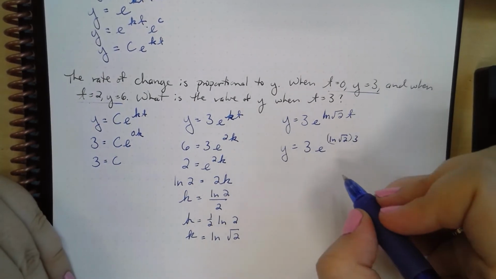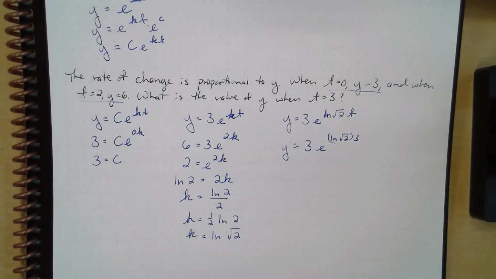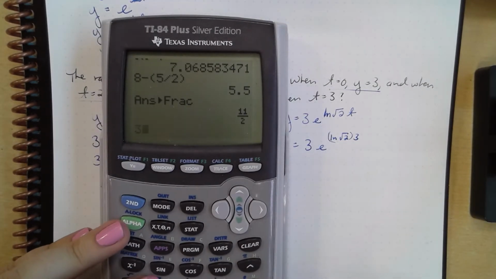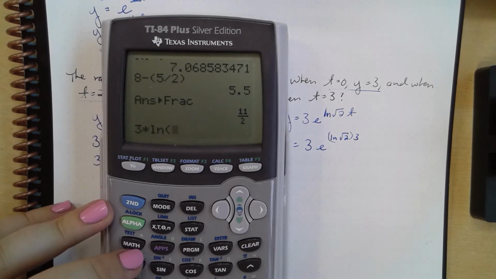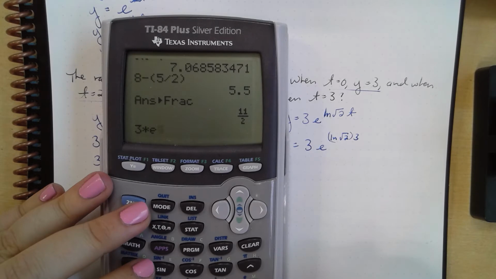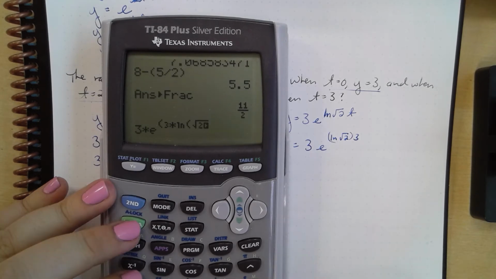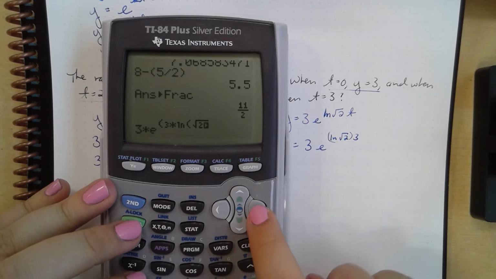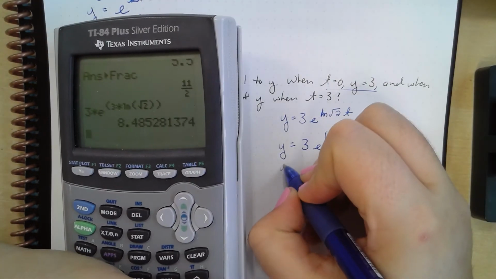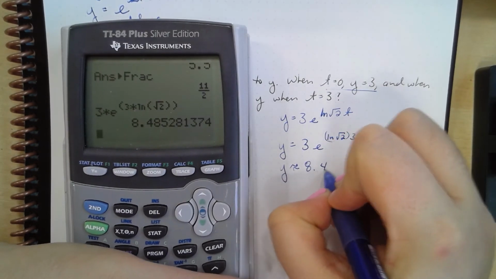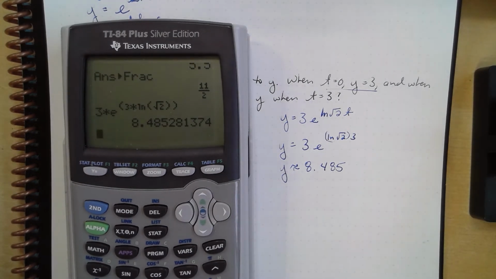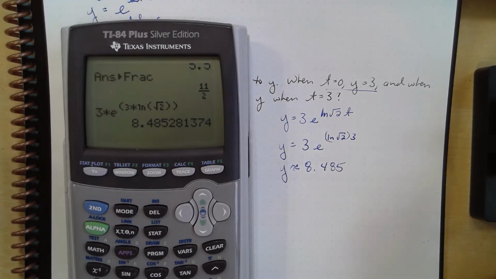Actually I would put this in a calculator because at this point it's too much to calculate. So we're going to have 3 times e to the 3 times the natural log of radical 2. This is quite the equation. And we get y is about 8.485. Notice that I use 3 decimal places. That's our answer. There it is.